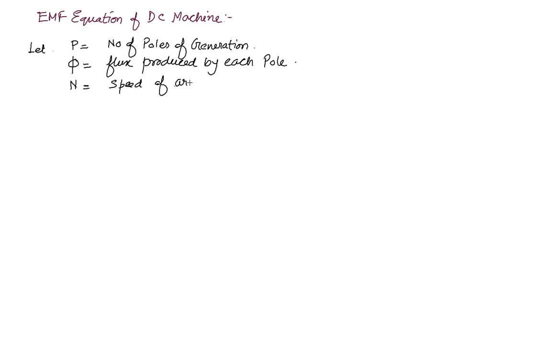of the armature of the generator, and it is obviously in RPM, revolutions per minute. Okay, now the next important thing is Z. It is very important.